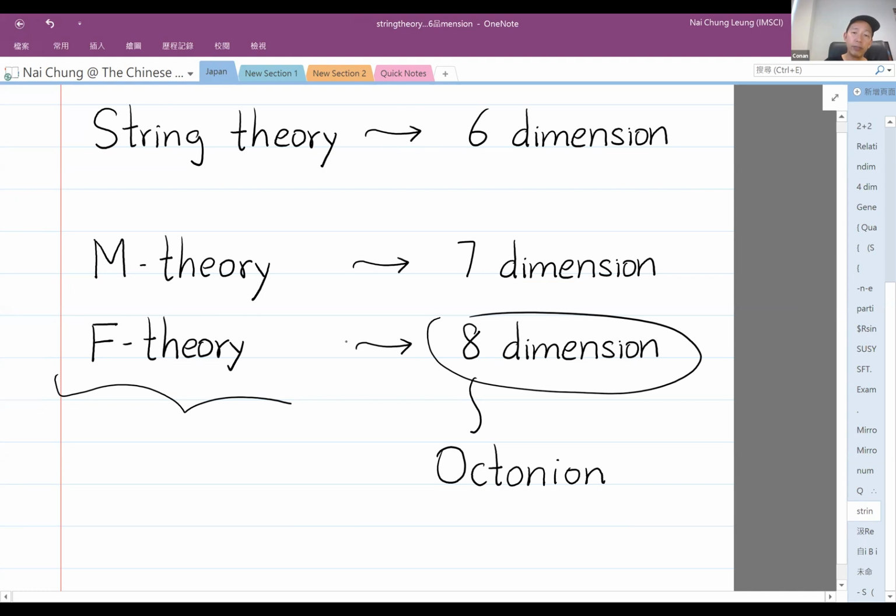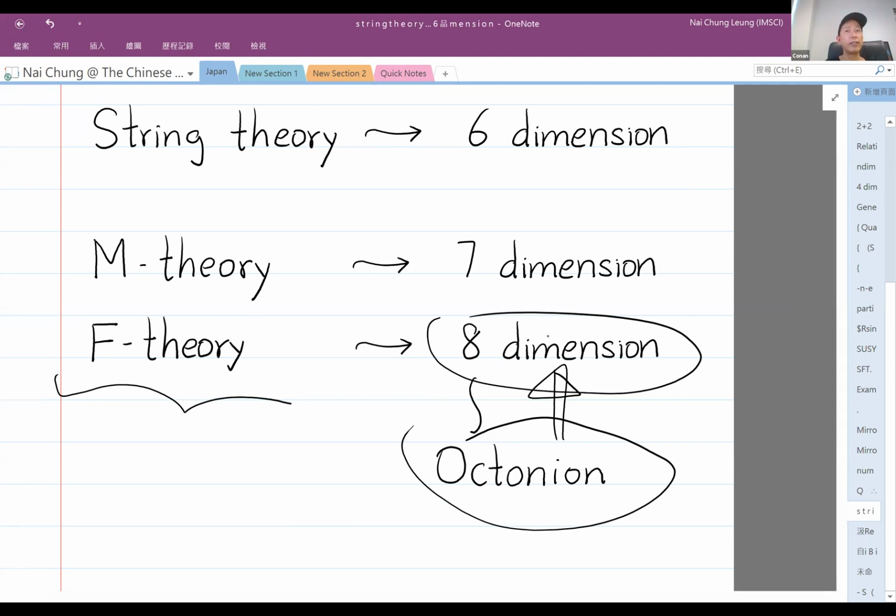And all this theory really comes from a geometry point of view, it all comes from the octonions. So what are octonions? That's also the biggest algebra object in mathematics. So you can see that in a way the algebra structure of the octonion is really governing all the possible physics that we could have.